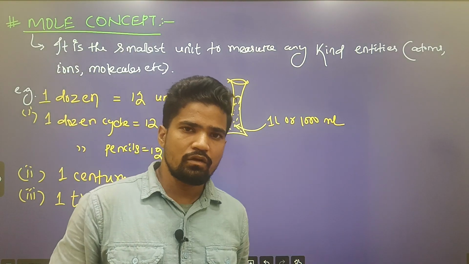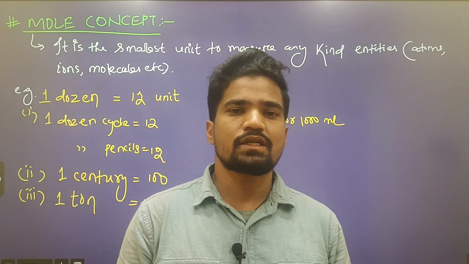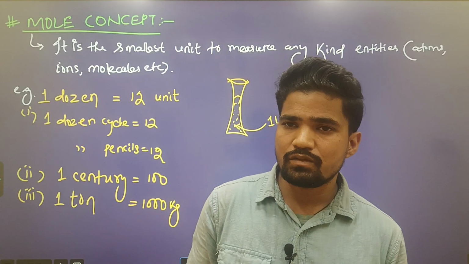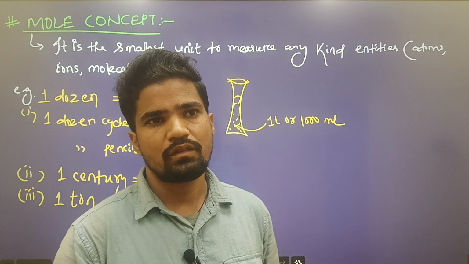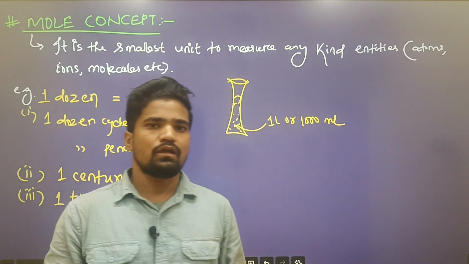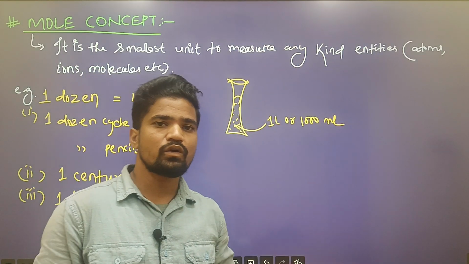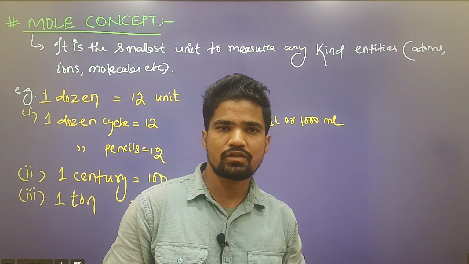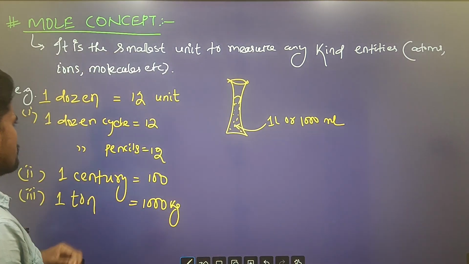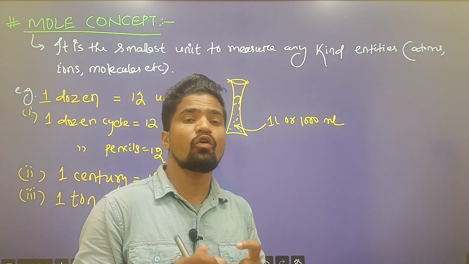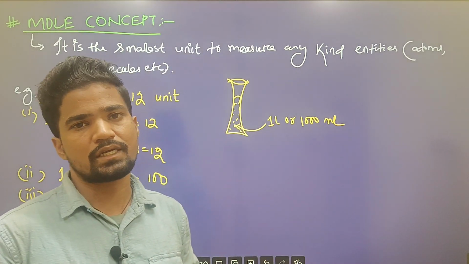That means in the universe, liquid substance is measured in liter or milliliter. Any heavy object is measured in gram or kilogram. Yes or no? If you measure the length and width of this digital board, that is in centimeter or meter. So dozen, century, ton, we can understand how many units or entities are there.